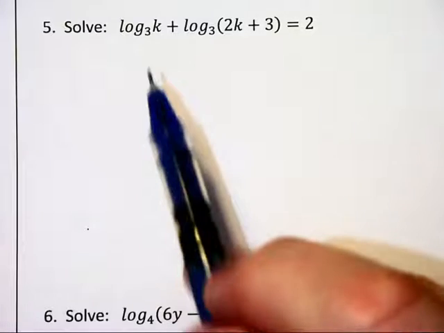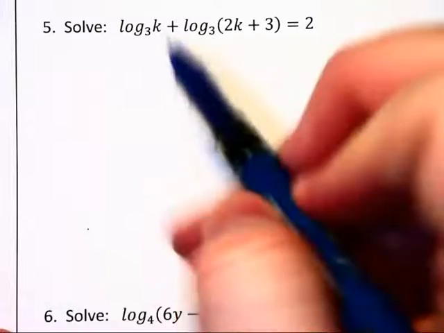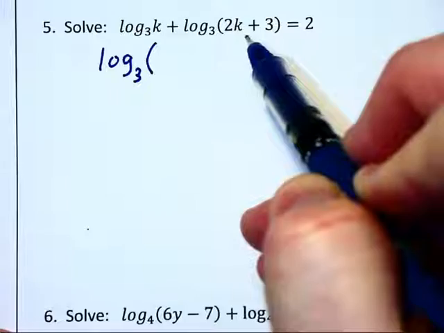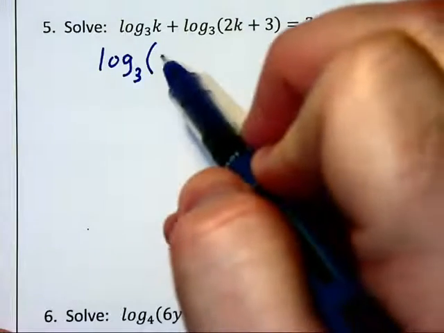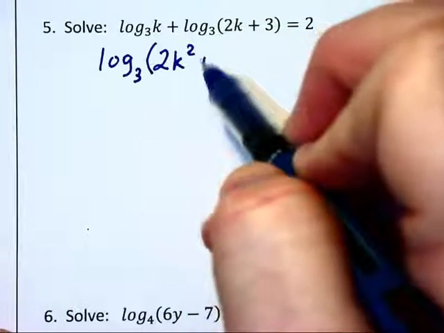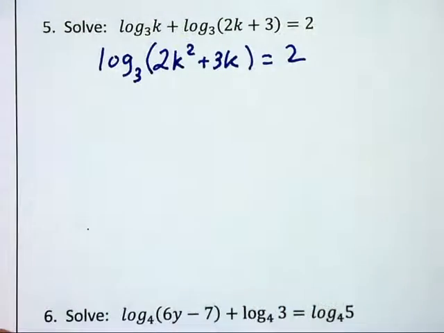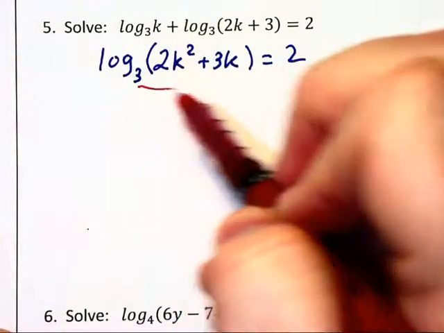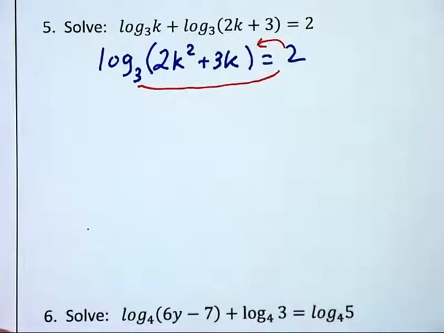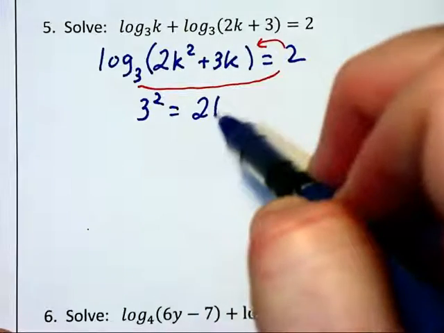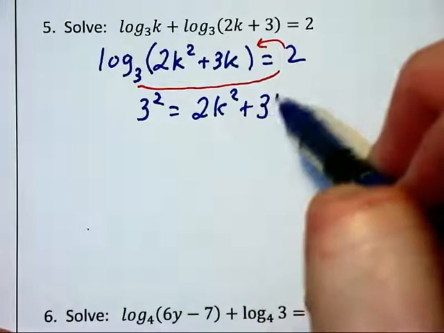For this next problem, again we have the sum of two logs, so we're going to write this as log base 3 of their product. k times 2k plus 3 is 2k squared plus 3k, then equal to 2. And again, we're going to convert this from a logarithmic to an exponential equation, rewriting this as 3 squared is equal to 2k squared plus 3k.